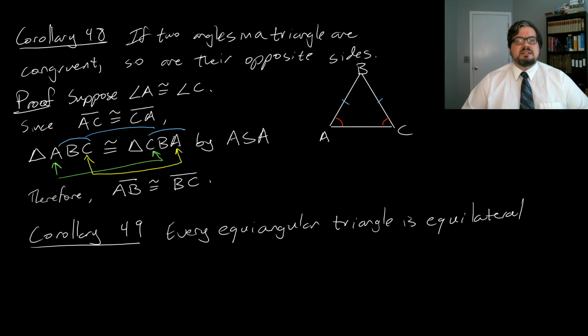This is actually going to take significantly more work than the proof of angle side angle. And that's because at the beginning we have no information about angles. When we were working with angle side angle, then we knew something about the sides and we knew something about the angles.